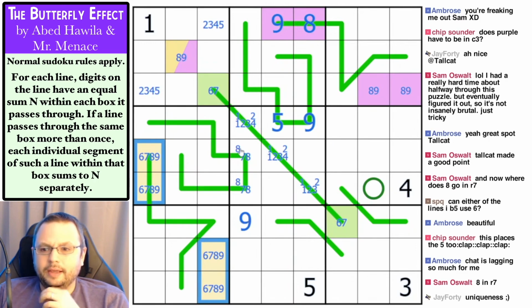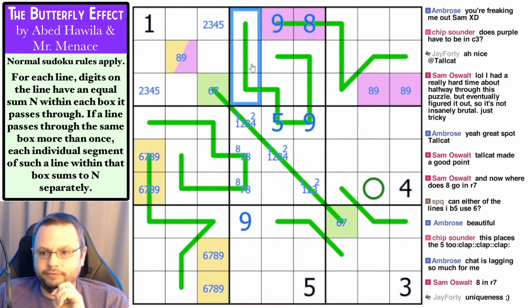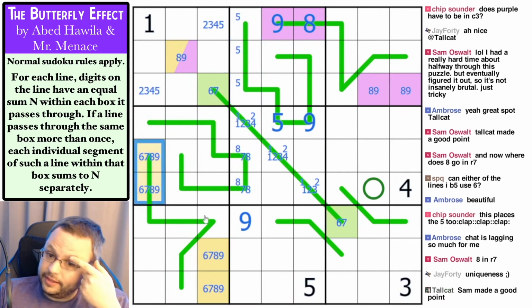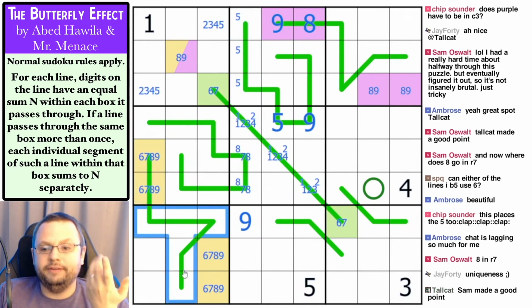Okay, I'm not yet going to attempt to think about this. So I do know there's a 5 on this line. I should probably mark that kind of thing. So yeah, this line sums to 15.